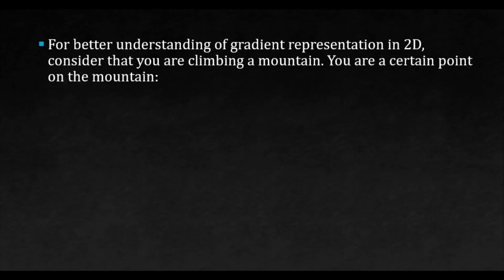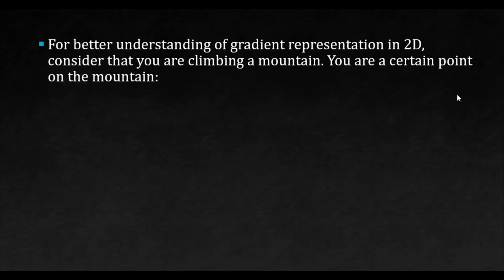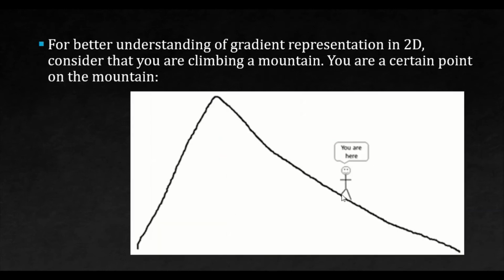For better understanding of the gradient representation in 2 dimensions, consider that we are climbing a mountain. You are at a certain point on the mountain. Say, I am here. Now, we have to move in a certain direction to gain or lose altitude.